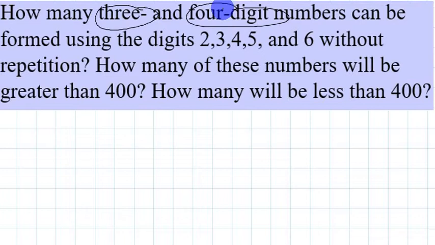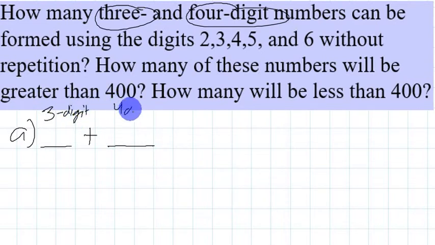Since we're asked how many 3-digit and 4-digit numbers, the answer would be, by the addition rule, the sum of the 2 cases that we're counting. The first case is the 3-digit numbers, while the second case is the 4-digit numbers. Let's look at the 3-digit numbers first. I have a choice of 2, 3, 4, 5, 6.